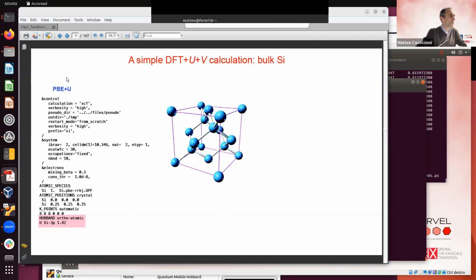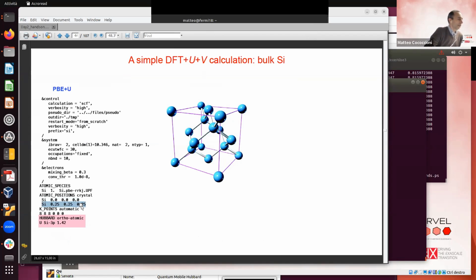So we have here the typical input file for the bulk calculation of silicon, which has this FCC structure with 2 atoms in the unit cell, one sitting at the origin and the other at 1/4, 1/4, 1/4, and this is the second silicon here.